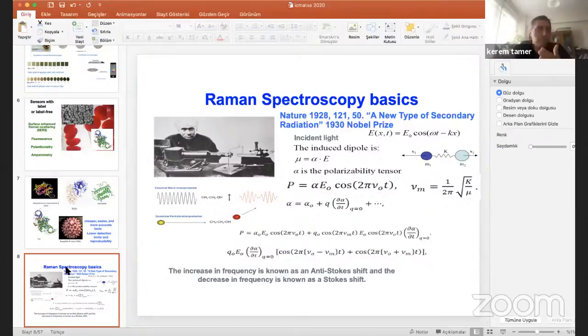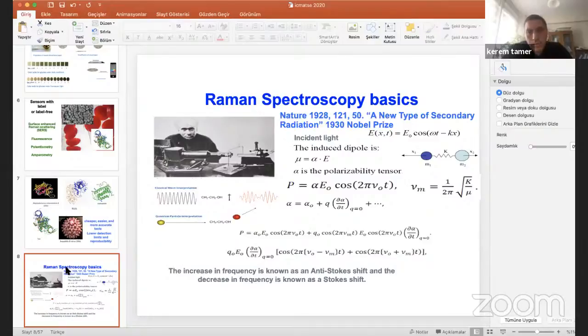If a photon inelastically scatter from the molecules, okay, and the energy exchanged between photons and the vibration modes of molecules that give rise to photons with either lower energy, we call Stokes shift, and or higher energy, we call anti-Stokes Raman shift.